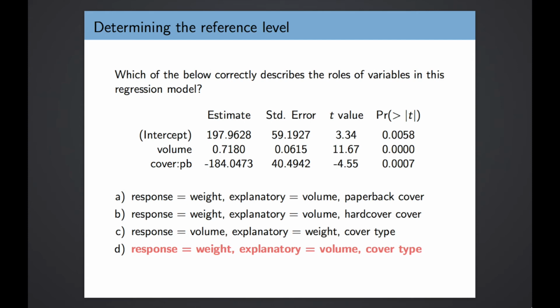One of them is the volume of the book, and the other is the book's cover type. If you don't understand that, it would be a good idea to go back to basics and make sure that you understand the difference between independent and dependent variables and how we use independent variables to predict values of dependent variables. So, assuming that you understand that, let's move on and talk a little bit more in depth about this particular model.